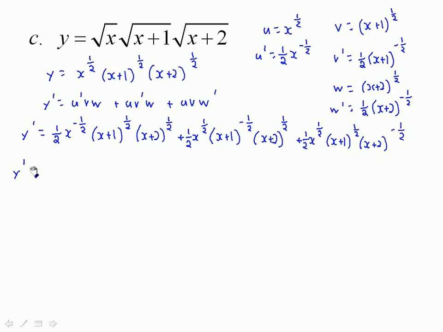Do what we always do in these cases, which is take out a common factor. We should be able to remove a 1/2 from everybody. Then the x terms, take out the lowest exponent, which is negative 1/2. The x plus 1, you'll see that somewhere we have a negative 1/2, so we take that out.